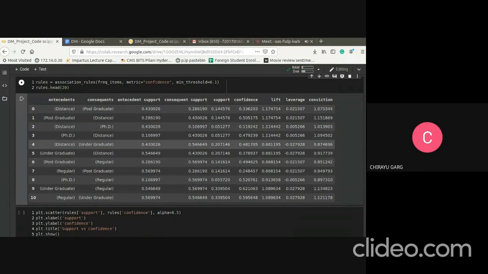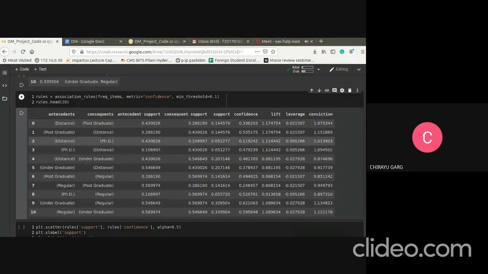But here PhD distance is 0.51 and PhD regular is 0.55, so the values are similar. But postgraduate distance is 0.144 and postgraduate regular is 0.141, which shows that postgraduate students prefer distance learning rather than regular learning.